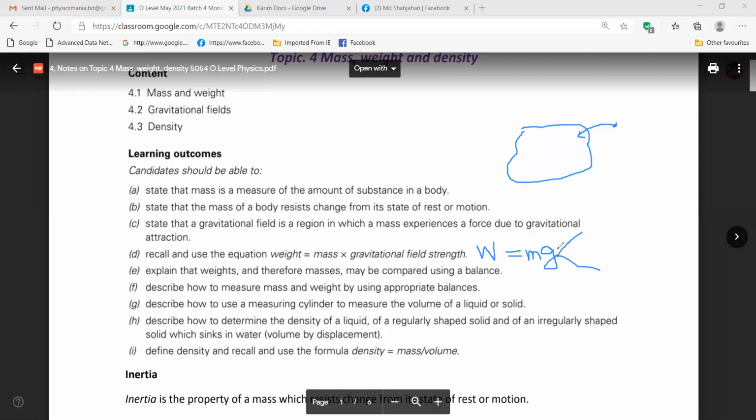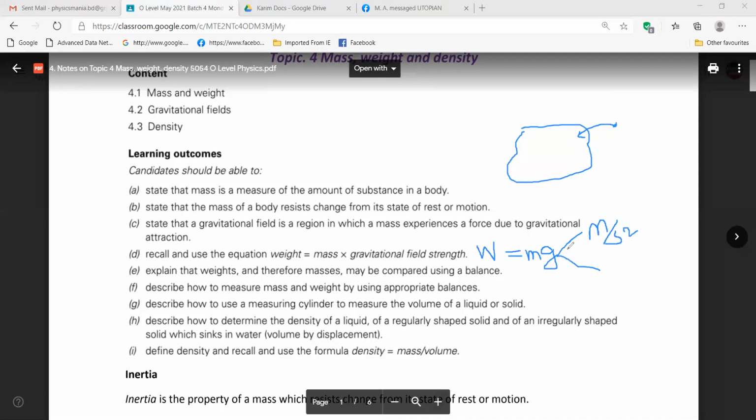Okay, so this g, in our previous topic kinematics, we got as acceleration due to gravity, or acceleration of free fall. Can you remember that one? Yes, sir. When the object is in motion, we have acceleration.